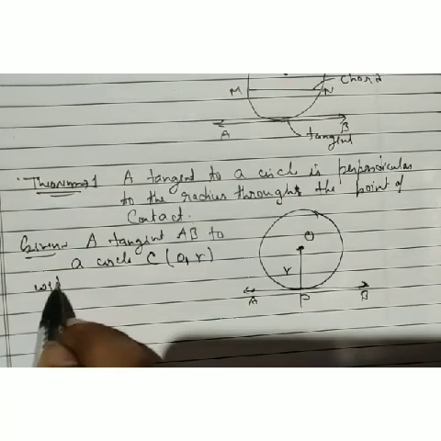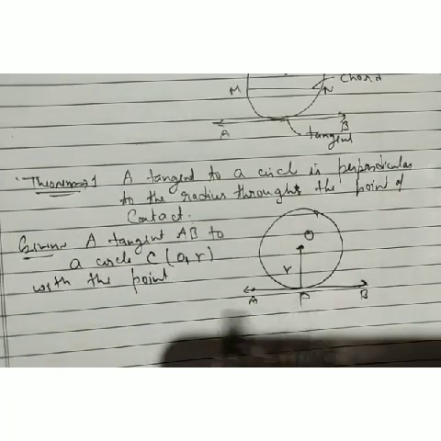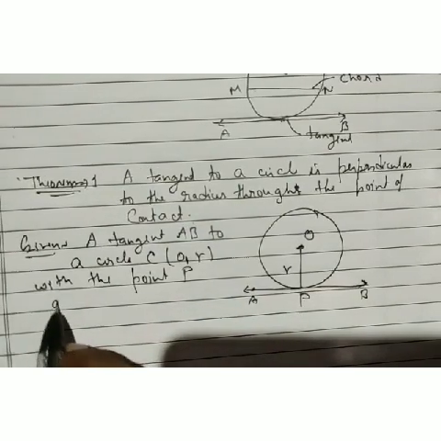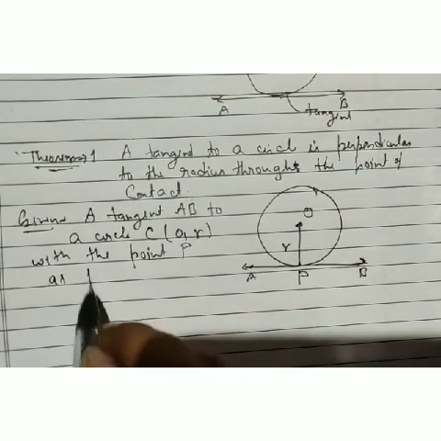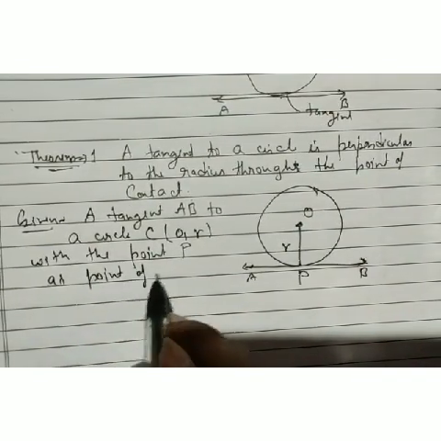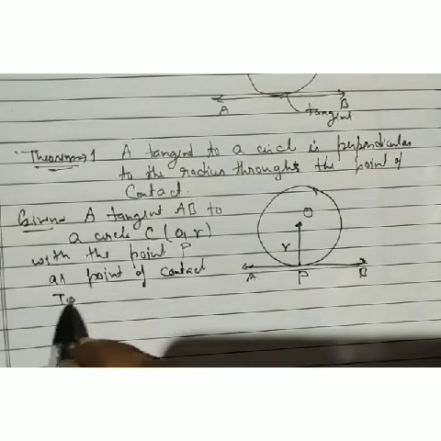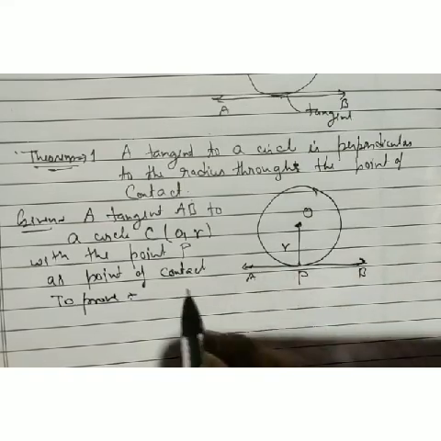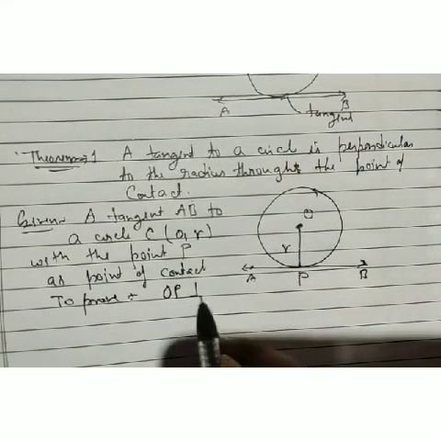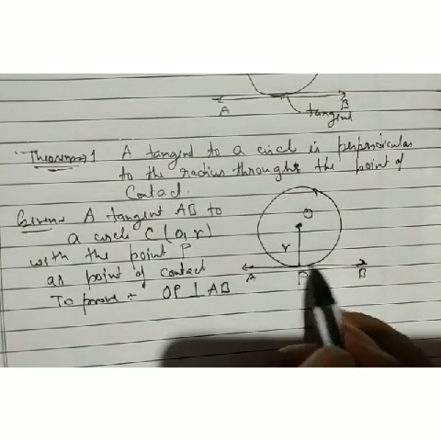With the point P as the point of contact. Now what we have to prove is that the radius OP is perpendicular to the tangent AB.